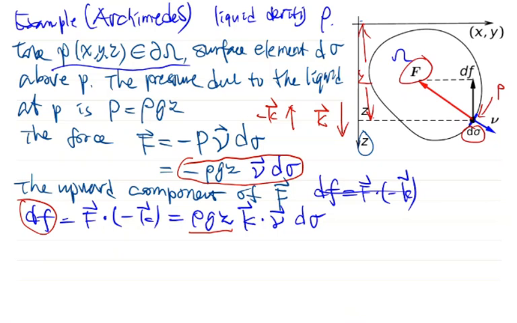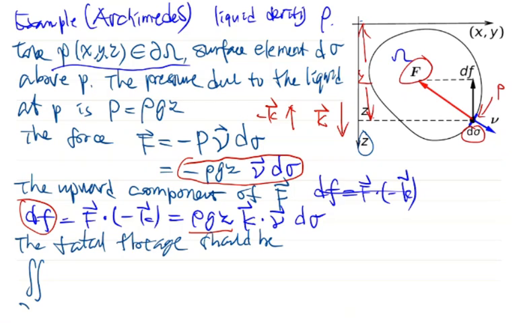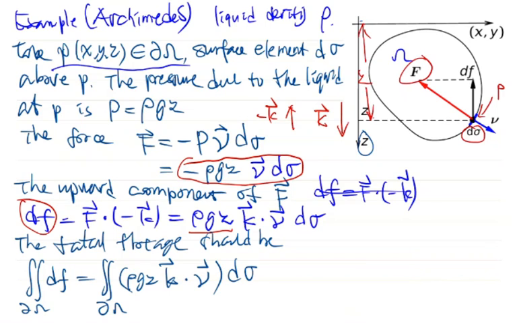So the total flotage should be the integral over the whole boundary of dF. That is, rho gz k inner product with nu, d sigma.